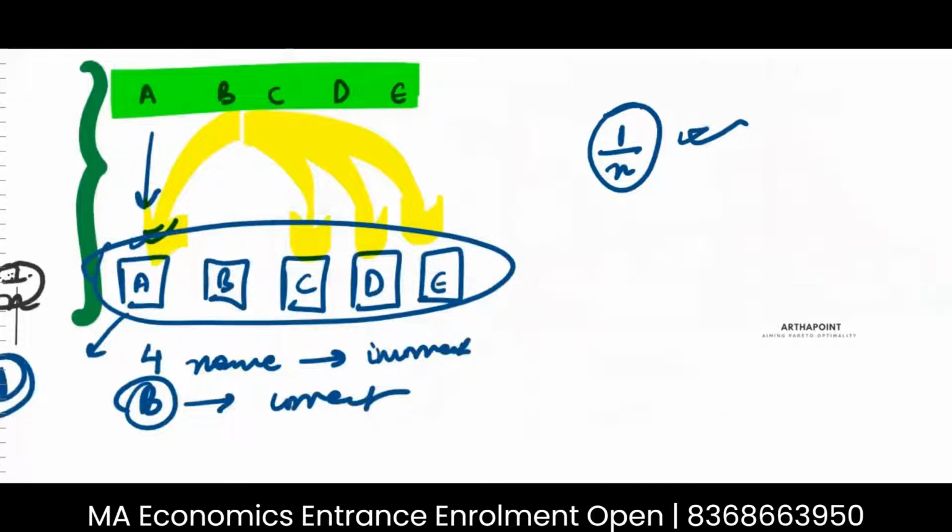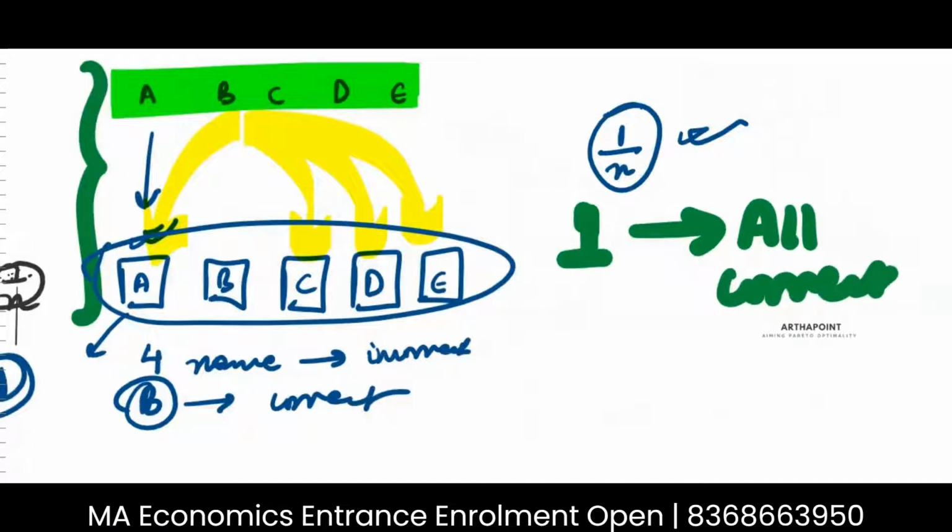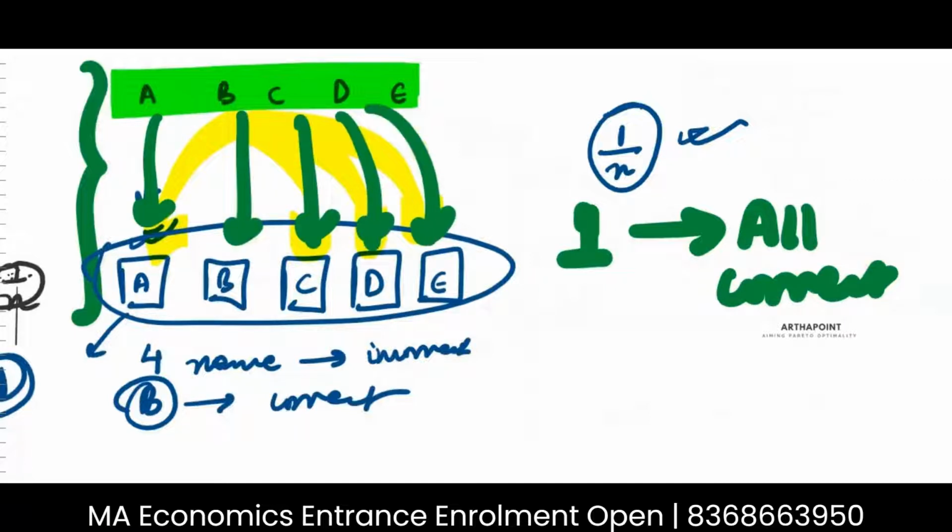They may get a correct name tag or they may get an incorrect name tag because it is going simultaneously. Now, there is only one such situation where all will get the correct name tag: when A gets A, B gets B, C gets C, D gets D, and E gets E. This is the only correct option. Other than that, everything is incorrect.